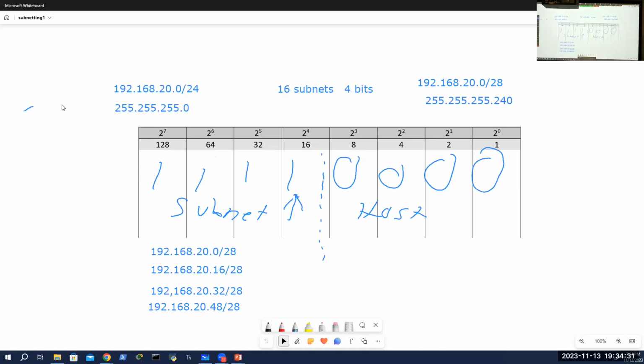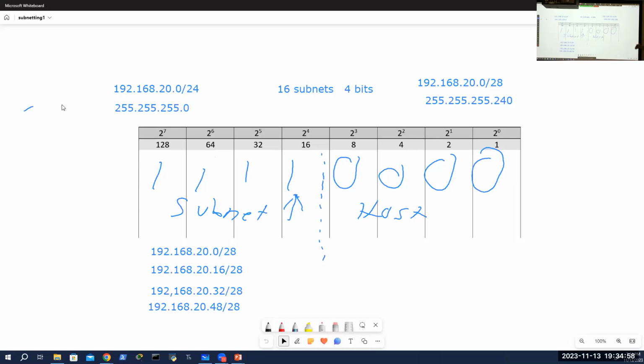And we're working in just the 4th octet. When you're working in multiple octets, then you can cross over into the next octet. But here we're sticking in just the 4th octet. So once we get to a number where the next subnet would be more than 255, then we're done.